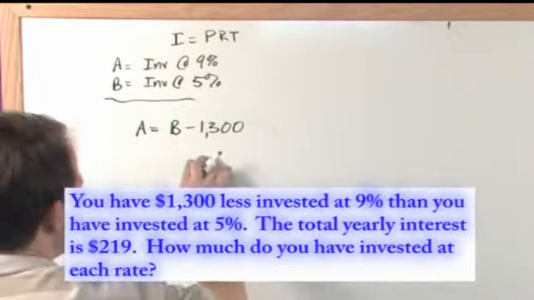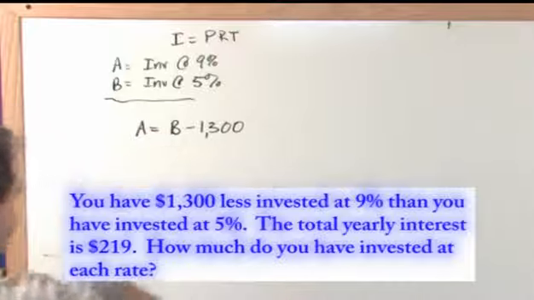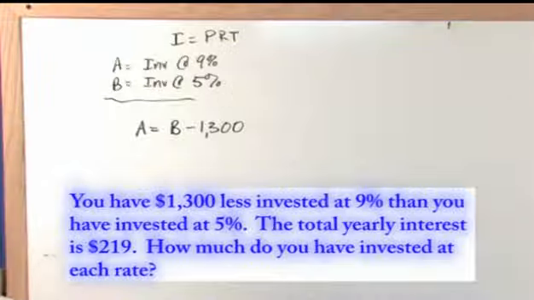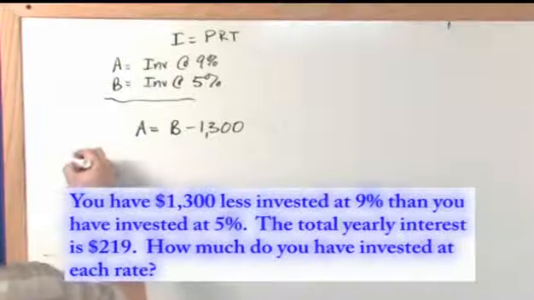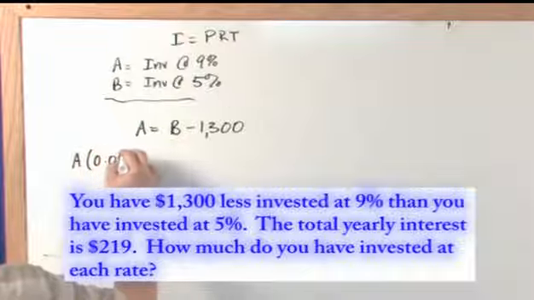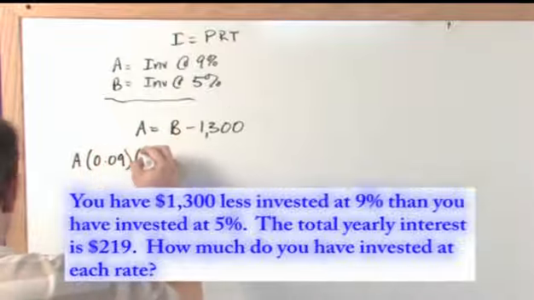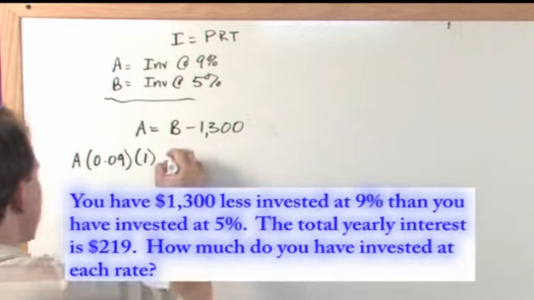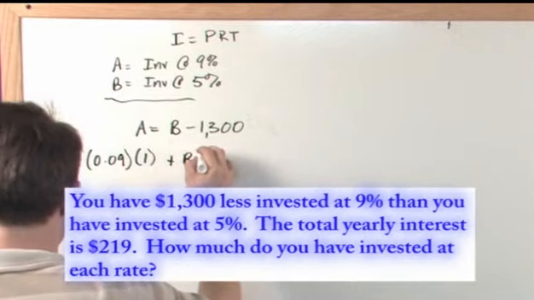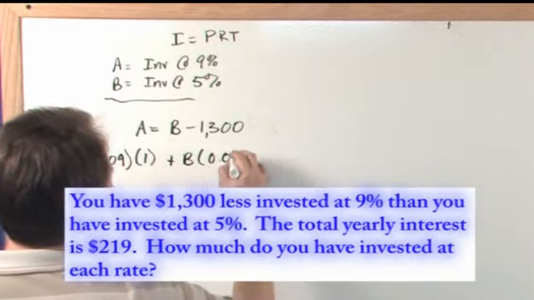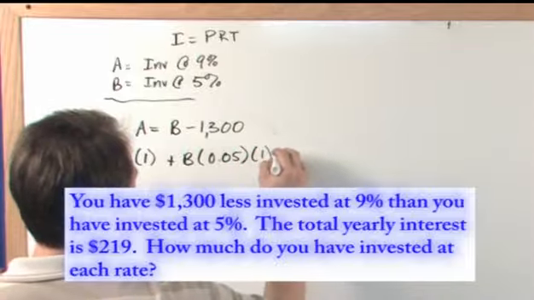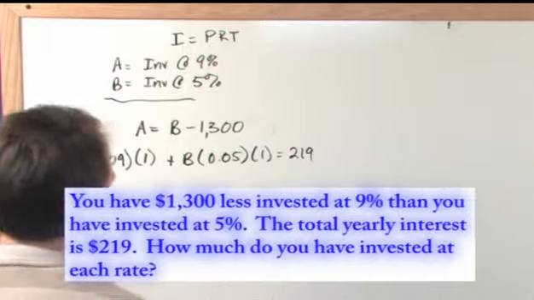And then after this little statement, the rest of it just follows exactly like the other problems. We're going to write an equation in interest. So the amount I have invested in A times the interest rate of A times the 1 year, plus the amount I have invested in B times its rate times the 1 year, is equal to the $219 in the year.